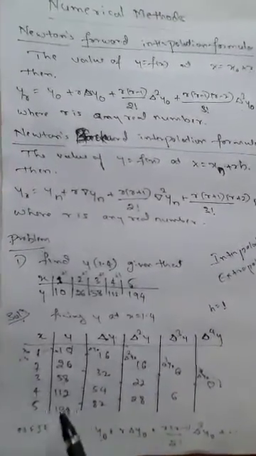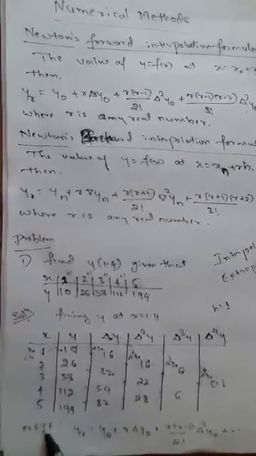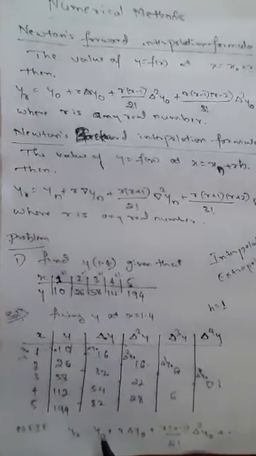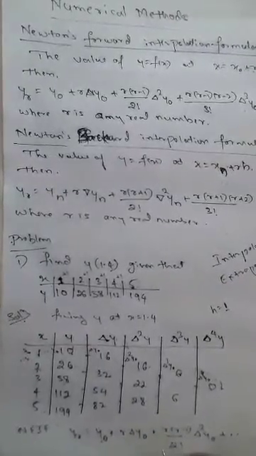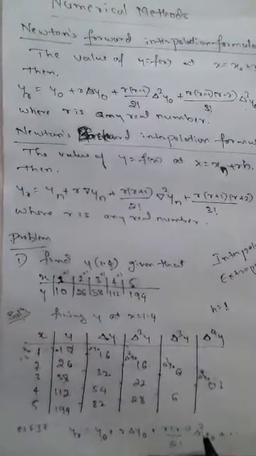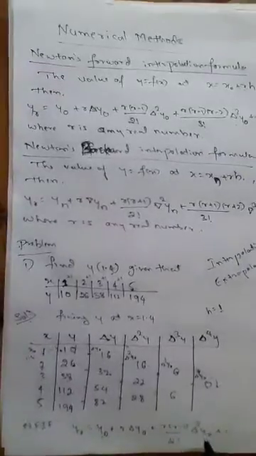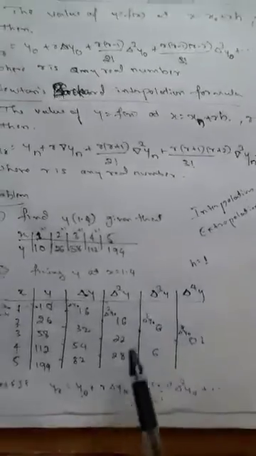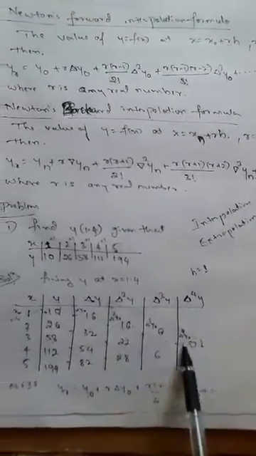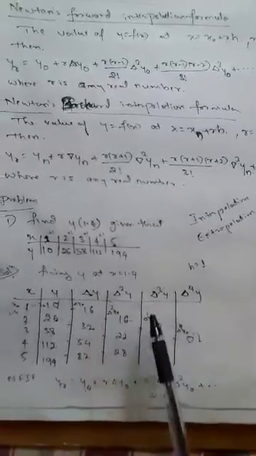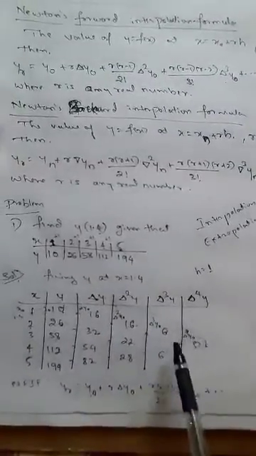As we know, the Newton forward interpolation formula is y r equals y naught plus r delta y naught plus r into r minus 1 by 2 factorial into delta square y naught plus so on. In forward interpolation we use the first entries of each column; in backward interpolation we use the last entries.